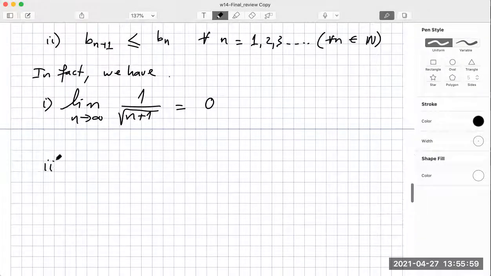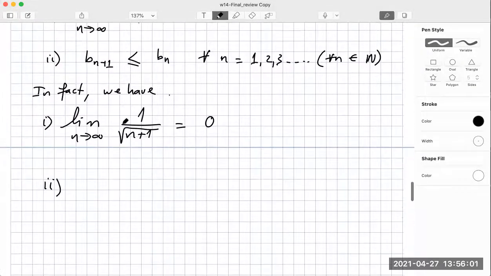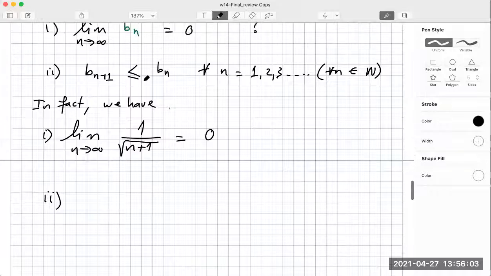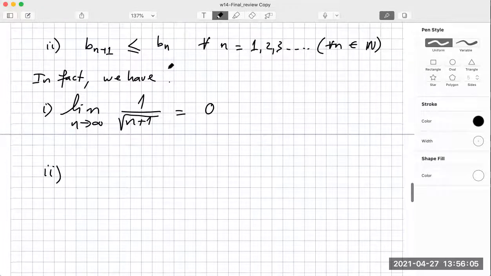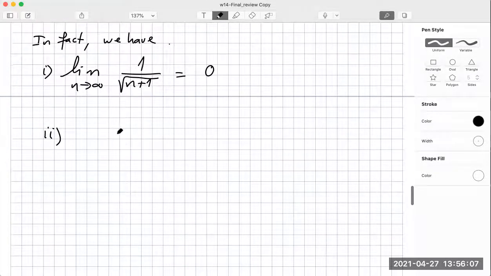The second condition, right? Bn plus 1 and Bn. What is Bn plus 1? It'll be 1 over square root of n plus 1 plus 1, which is 1 over square root of n plus 2, right?